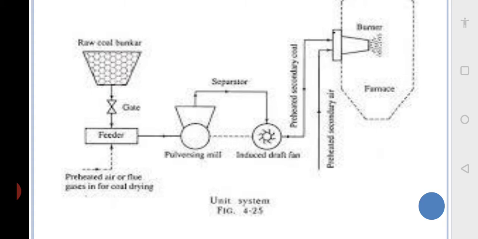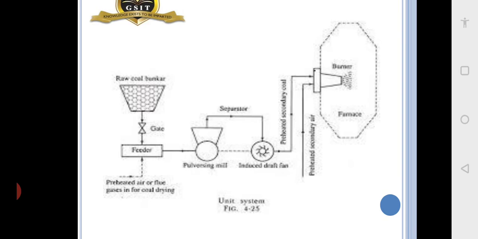Okay, so it is sucking, and then it is supplying the preheated secondary air along with the coal. It is supplying to the burner, and here it is burnt, and even the secondary air you can see is preheated and it is burnt in the furnace.